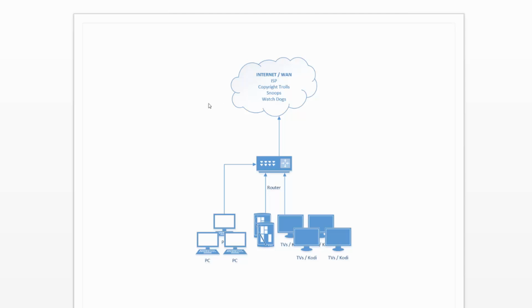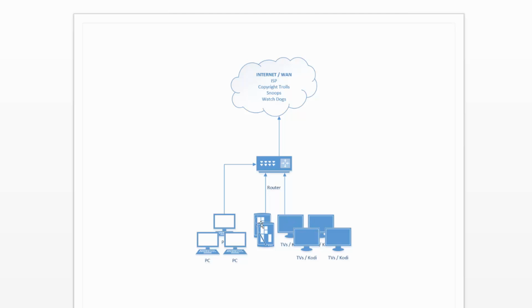So in the case of we're talking about BitTorrent, you're downloading shows or stuff like that, or really anything over BitTorrent is really the key thing we want to talk about today. So you've got BitTorrent clients running on your PC, maybe you've got them running on your tablet, or maybe you've got some plugin for Kodi that's using BitTorrent.